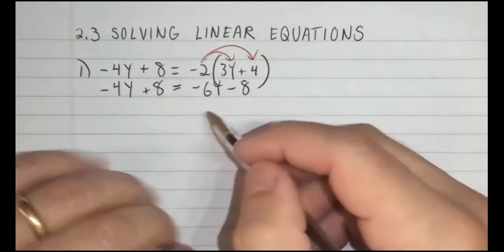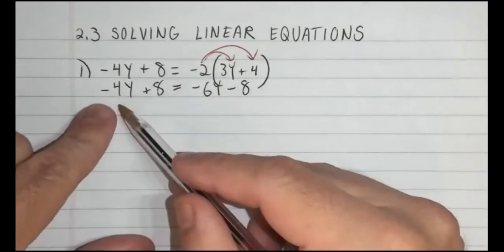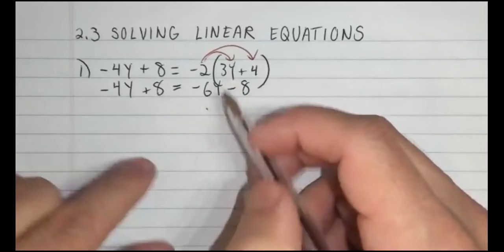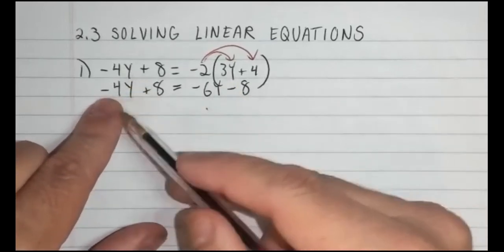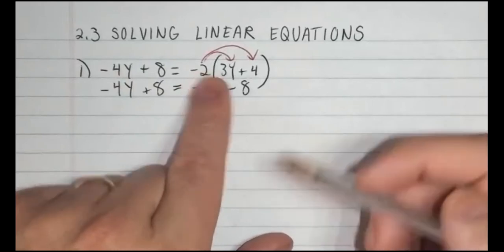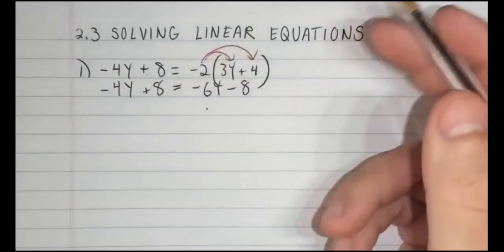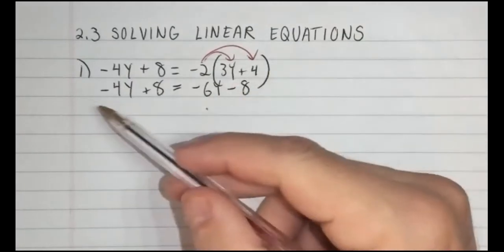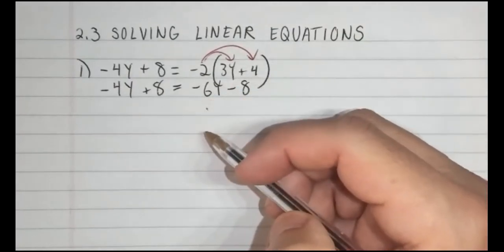I like to get all my variables on one side. And you could either add 4y to both sides or add 6y to both sides. So in other words, I want to either eliminate this variable here or eliminate this variable here. Normally I want to try to keep a positive variable. Okay, so if I add 4y, this is going to leave me with a negative 2y.